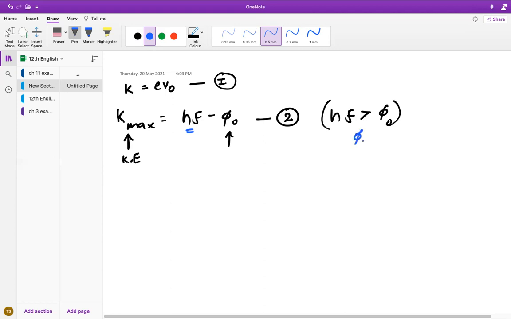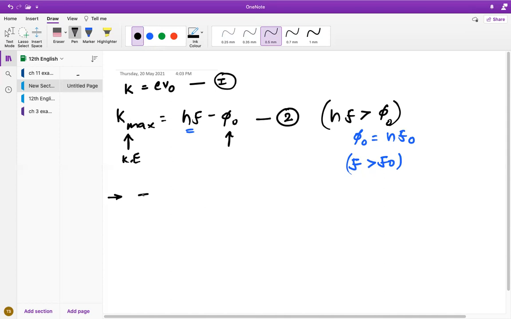And you are aware that phi naught is nothing but hf0, so I can say that f is greater than f0. Yes, clear? If f is below f0, then it will not work at all. So this is the necessity condition for the maximum.